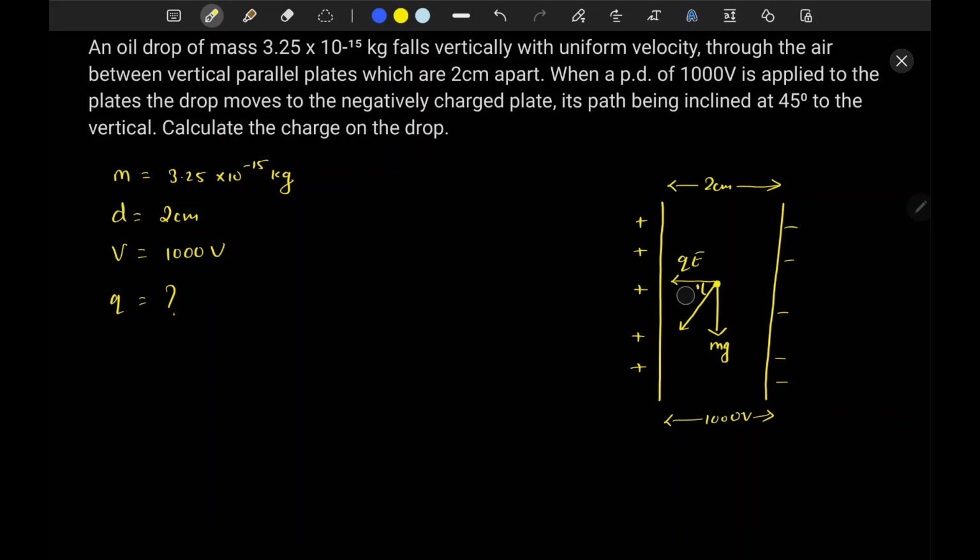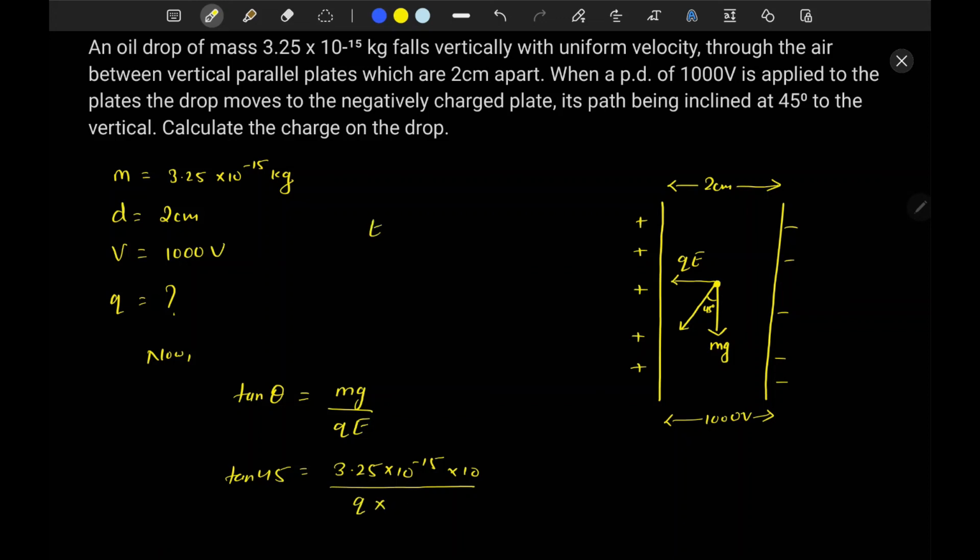In any case, both the angles are the same, 45 degree. So here we can write tan theta is equal to vertical force by horizontal force, and tan 45 is equal to 3.25 into 10 power minus 15 into 10 by QE, where the charge needs to be calculated.